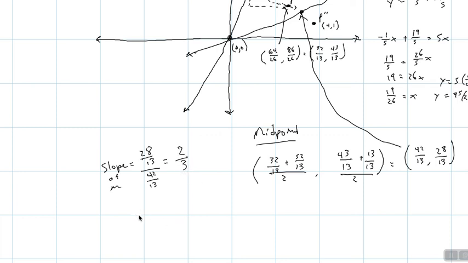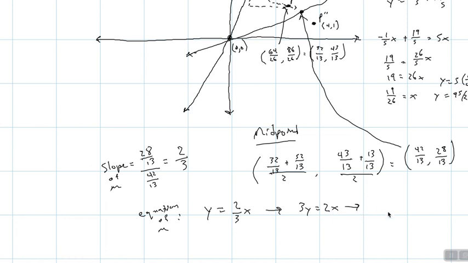So the equation of line M is going to be as follows. Since the slope is 2/3 and it goes through the origin, it's going to be y is equal to 2/3 x. And if we get it in standard form, that's going to be 3y is equal to 2x.